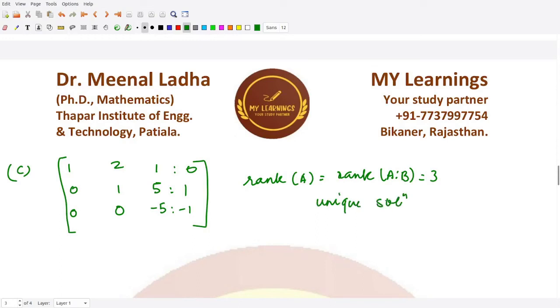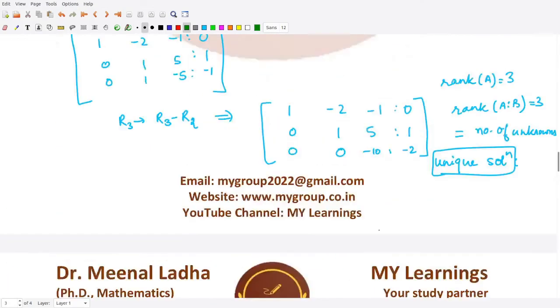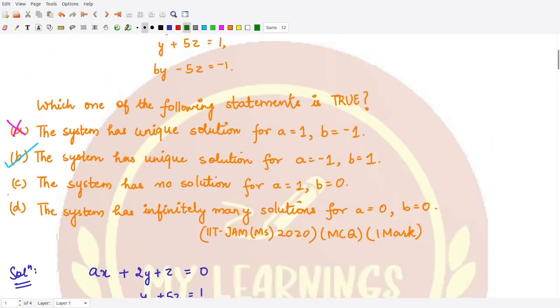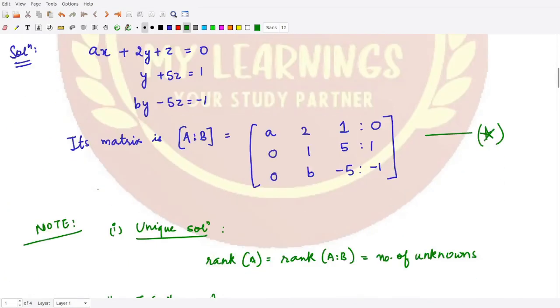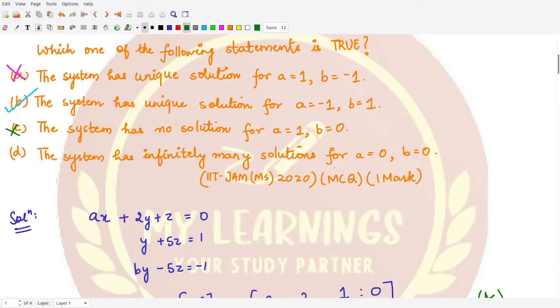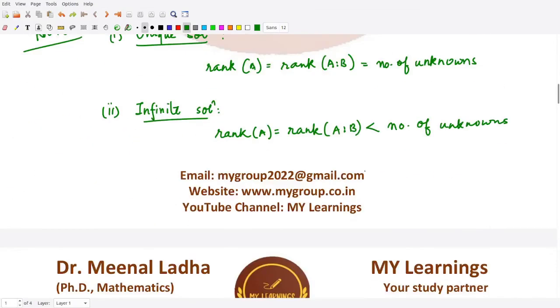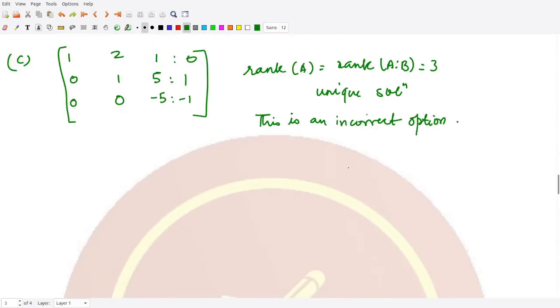So that means this is an incorrect option, right? So we would cross out this option here, and for the last option D, here they are saying A is 0, B is also 0, and they are asking for infinite solutions. So let's head back to solve this D part.